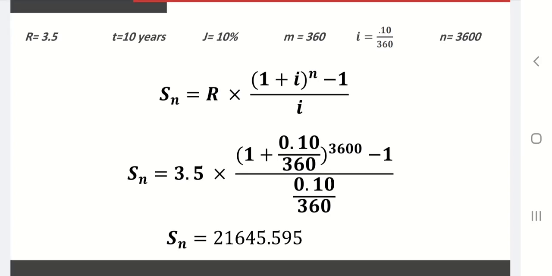In a formula, S sub n equal R times 1 plus I to power n minus 1 over I, so S sub n will be equal 21,645.595 per thousand.